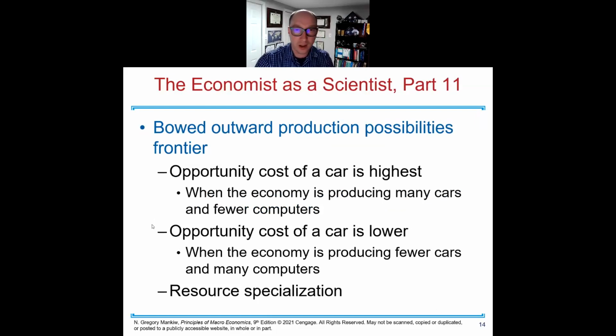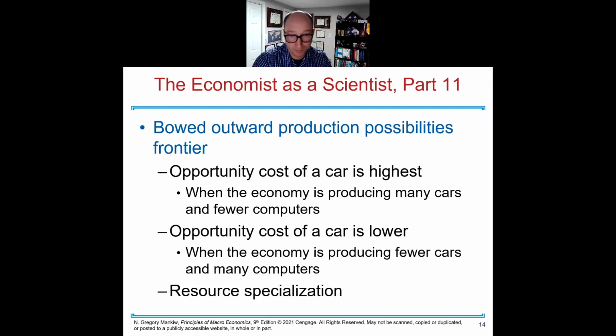You'll notice that graph, it's bowed outward, and that's representative of our optimal production. The opportunity cost of the car, of course, is going to be higher than the opportunity cost of the computers. If we're producing a lot of cars, we're producing less computers, right?